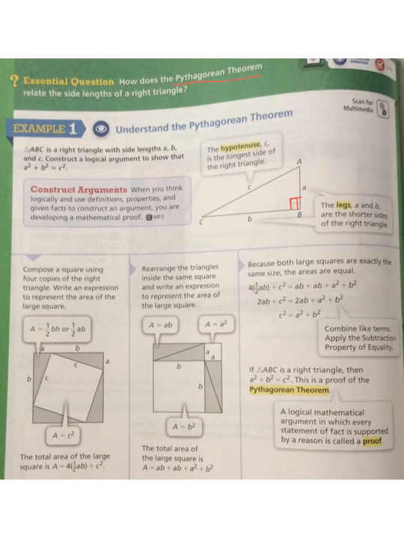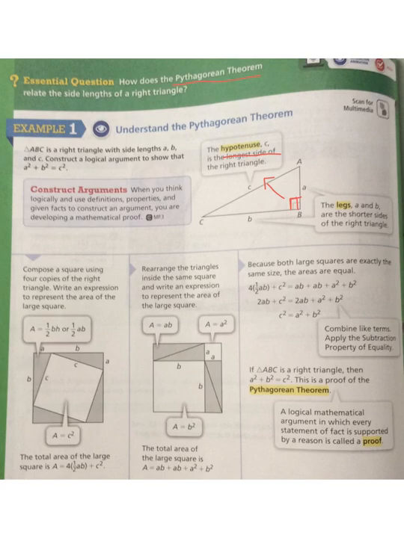I also want to make sure that we understand the side lengths and what we call them. Across from that right angle, we're always going to have C. And C is always going to be the longest side. It's called the hypotenuse.